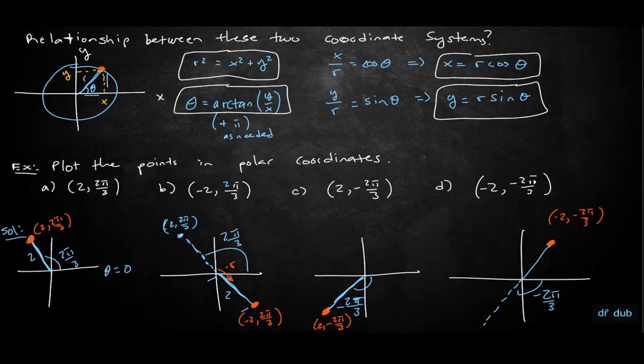You might say, well, that's ridiculous. Why don't I just use a positive r and a positive angle? And that's fine. It's just getting some experience with writing these polar coordinates. Most of the time we're going to use positive r values. Actually, from here on out we're going to use positive r values, but this is just to give you an idea of what a negative r value means, or how to think about a negative r value.